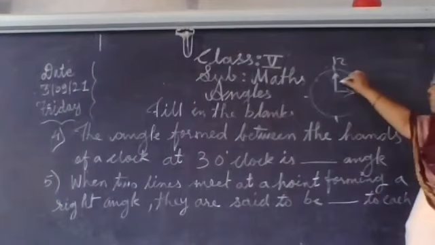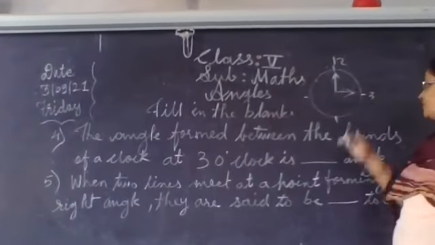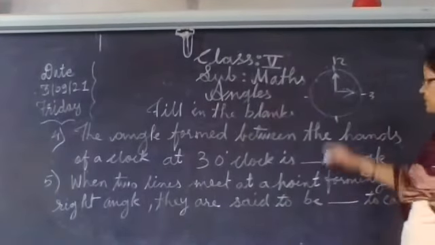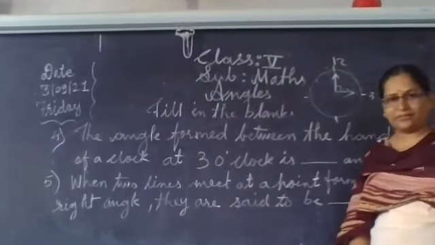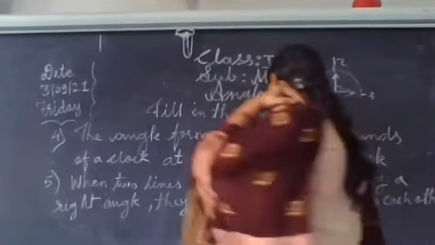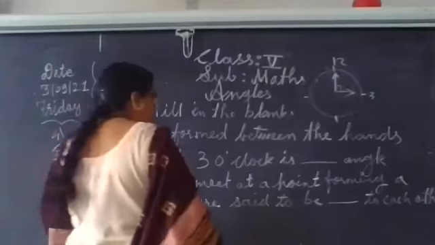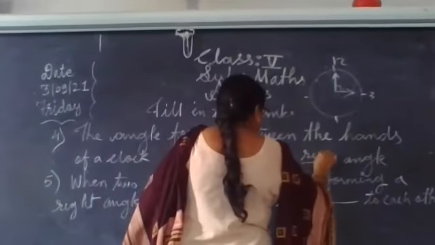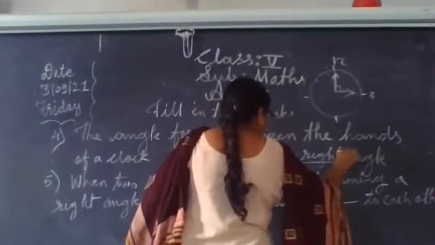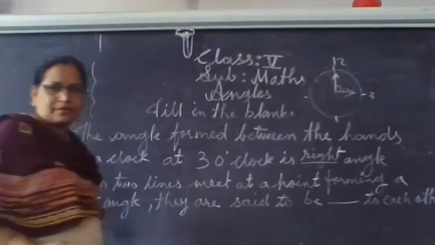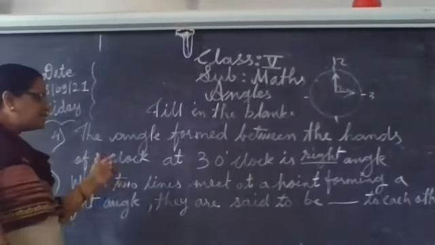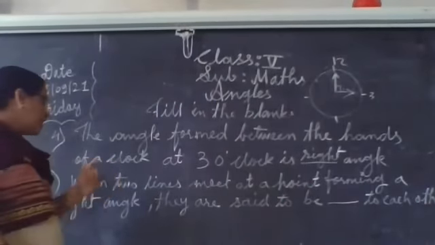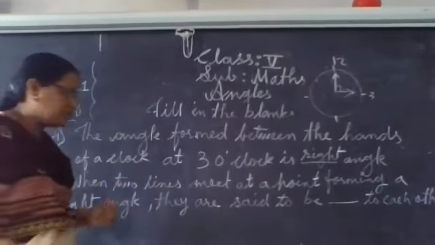Children, between these two hands, what kind of angle is formed? It is exactly 90 degrees. So it is a right angle. Got it?